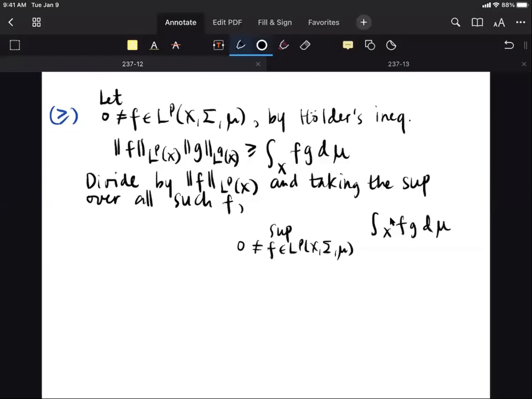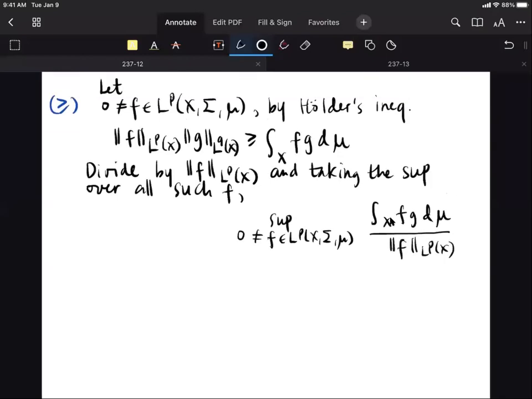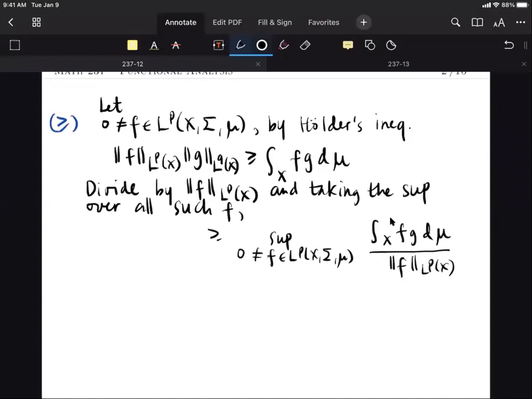Here we wish to divide by the norm of f in LP. So dividing and taking the supremum produces this inequality. So that's one inequality.